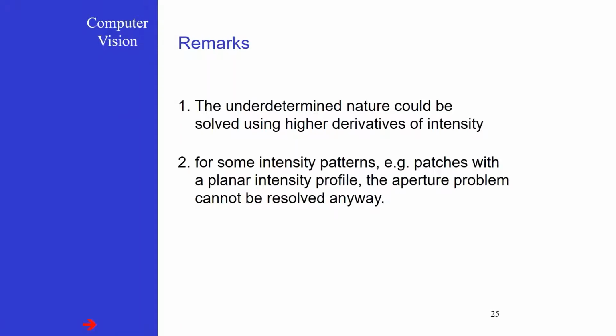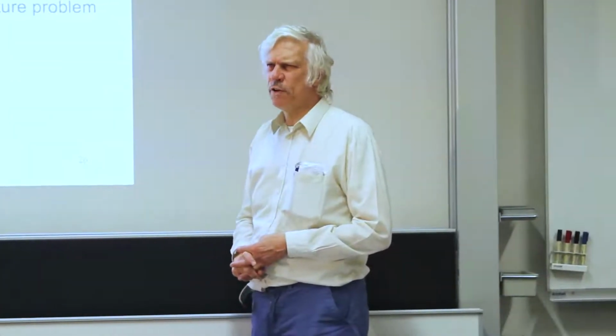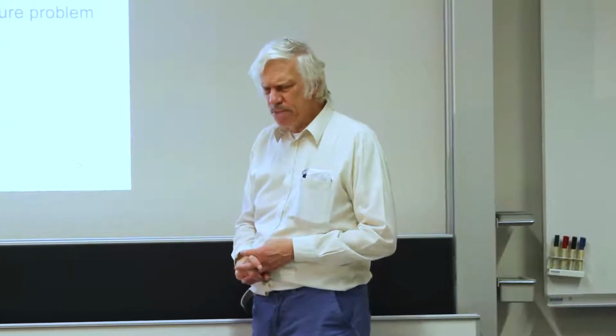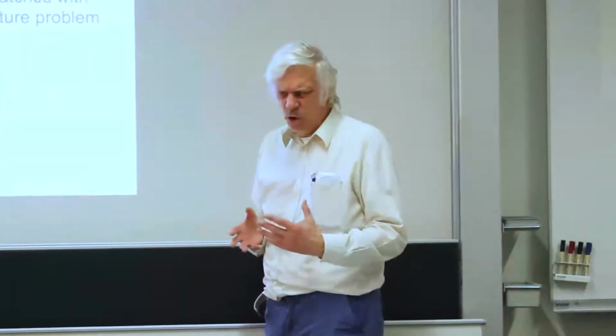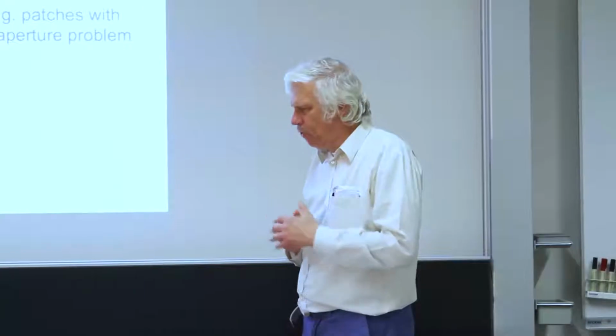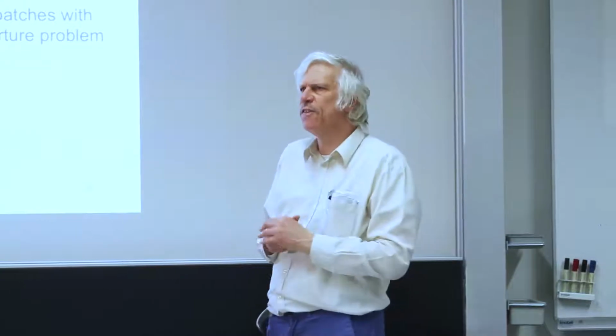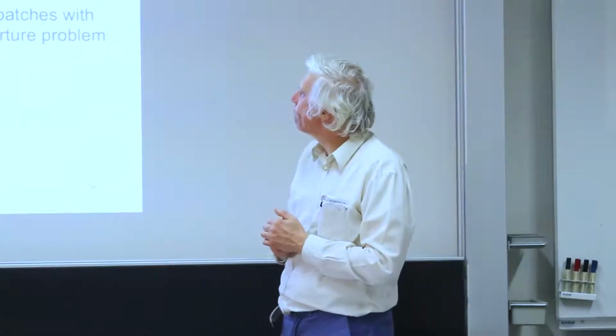If you look at a very local pattern in a scene, usually there is not much more than the first derivative to go by, because usually the local pattern of intensity will be kind of a plane in 3D. You have a kind of planar change of intensity over x and y.